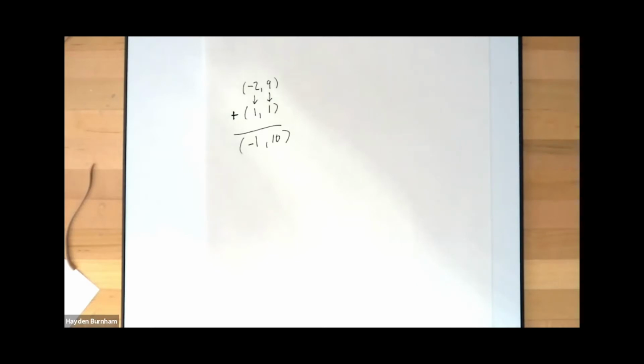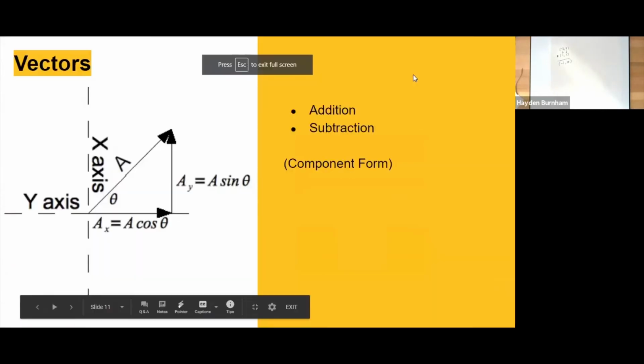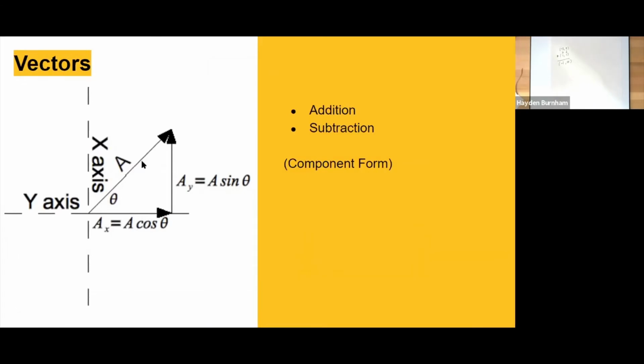But then sometimes you're given vectors in terms of magnitude. So you'll be given a vector, and you'll be told its length, which would be a in this picture, but it doesn't tell you how far in the x or y direction.